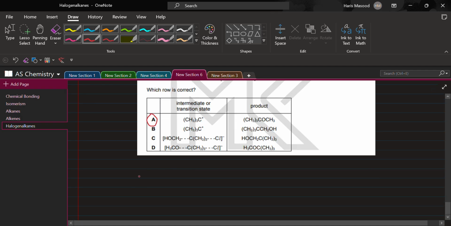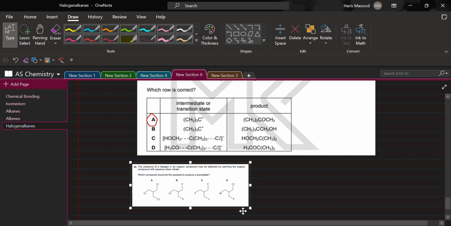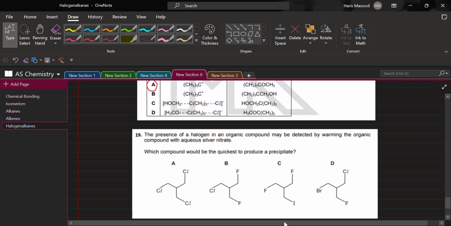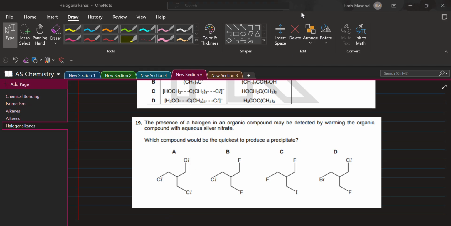Okay, what about this one? In this one, we need at least one element that breaks down easily to form a precipitate.